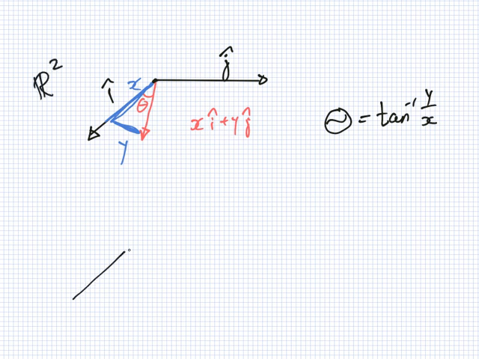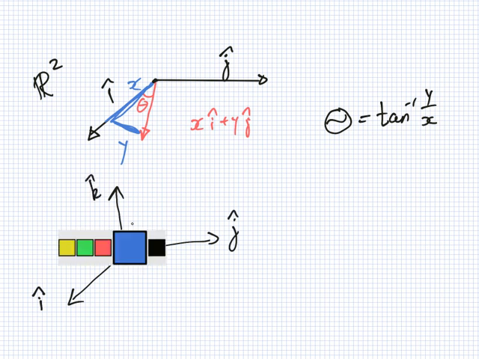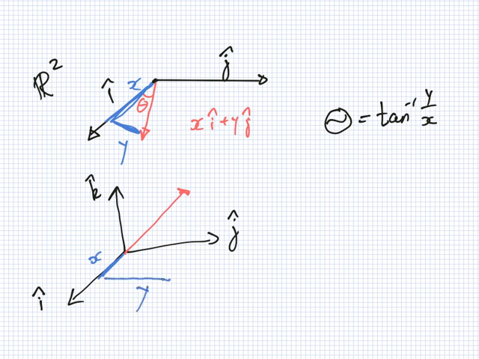What about now if I'm in three dimensions? Let me try and draw that. i, j, and k. And I'll draw it like here. So this one here is x units. This one here is y units. And then the height here is z units. And let me draw a shadow on the ground. So it's like this. So we actually have, can you see, two angles.